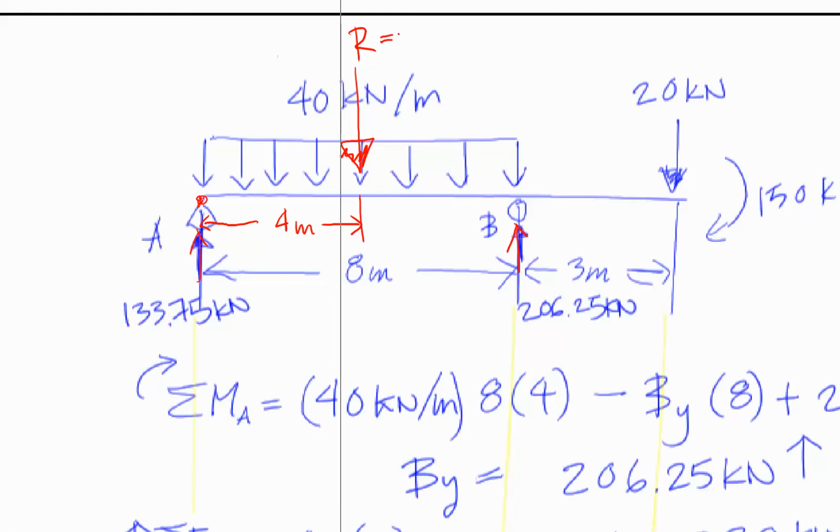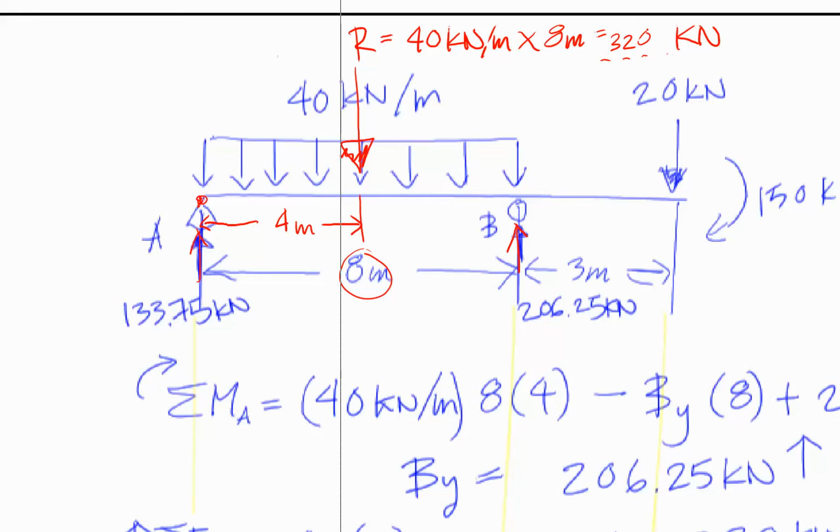Well, it's going to be 40 kilonewtons per meter multiplied by that entire width of 8 meters. From a unit cancellation standpoint, you would get your result in kilonewtons. I guess we could do it, 320 kilonewtons. And then that's our resultant force.